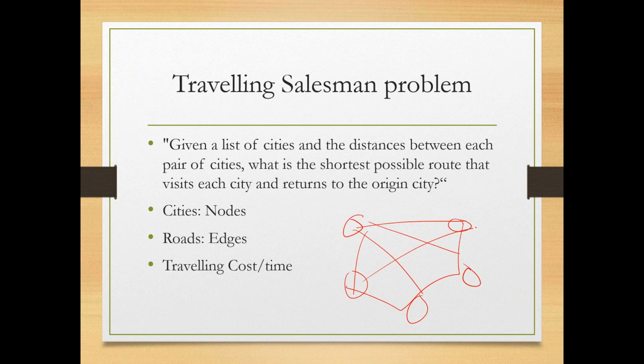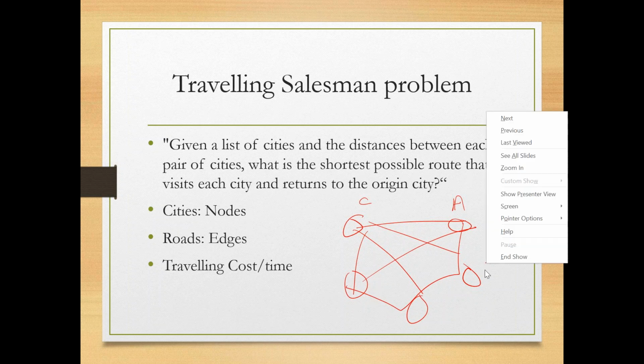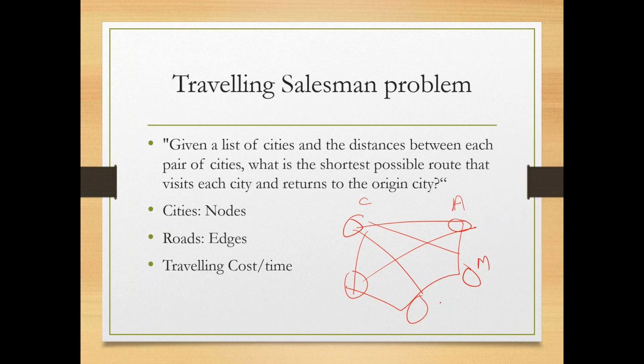This is one of the graphs. These are cities named Chandigarh, Ambala, and different ones, you can name Mumbai, Delhi, Kolkata. If I have to reach from Chandigarh to Mumbai, what will be the shortest possible route that visits each city and returns to the original state?